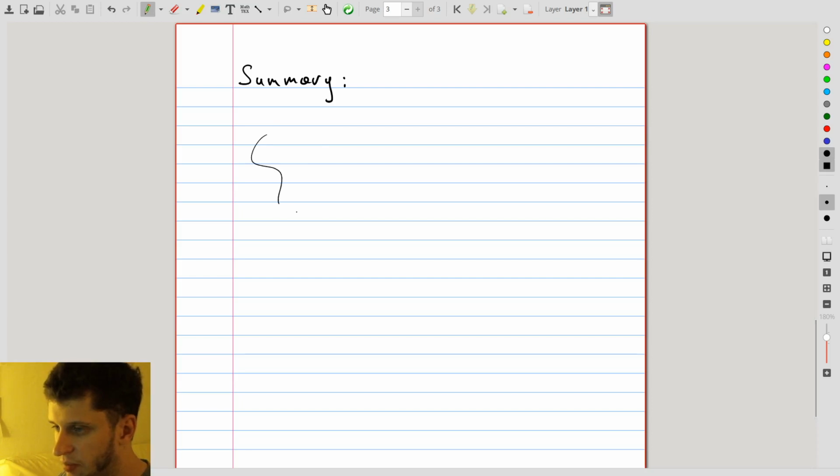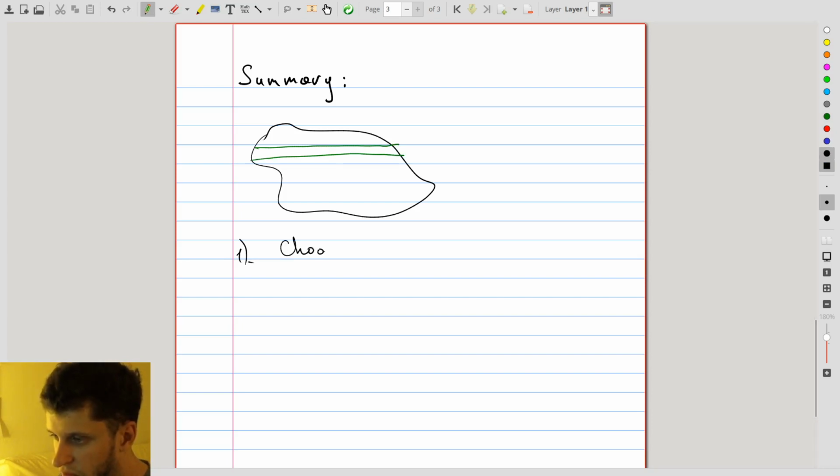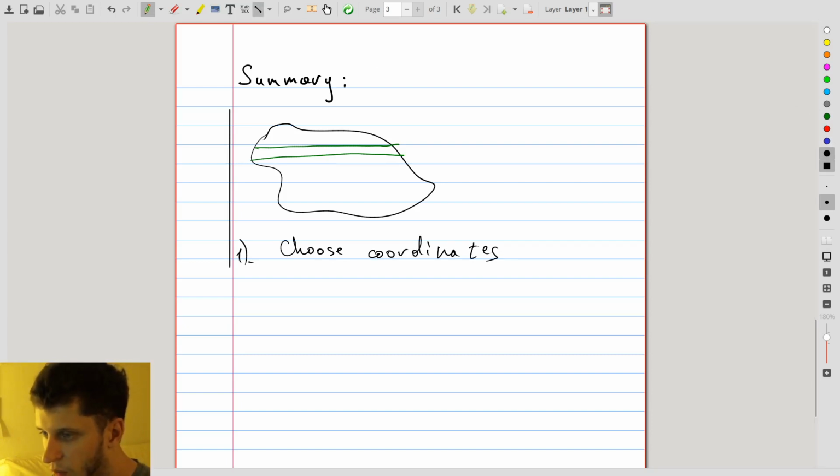So given a shape, first of all, choose a system of coordinates. So step 1, choose coordinates. Say, for example, you always choose the y-axis to be vertical, because that's what you're interested in.